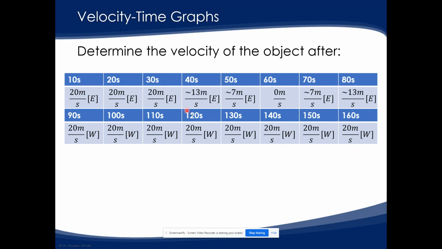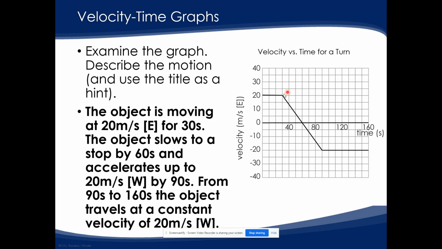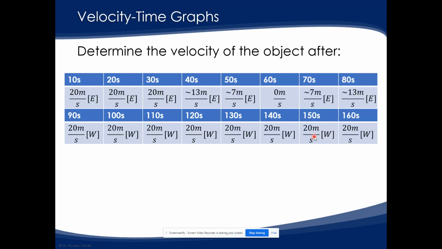You'll see here that there are some points where we just can't determine what the exact velocity is, and that's because we have this line decreasing but not intersecting all of our points. So we give an approximate. If you're ever using an approximate for a quiz or a test, please make sure to include this symbol. It's right next to the 1 on the keyboard.